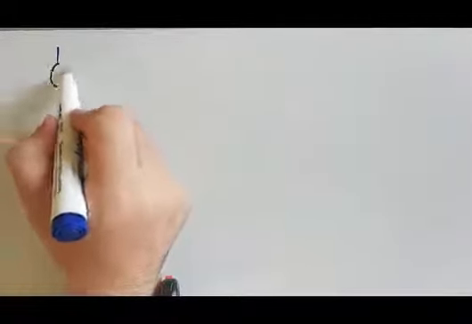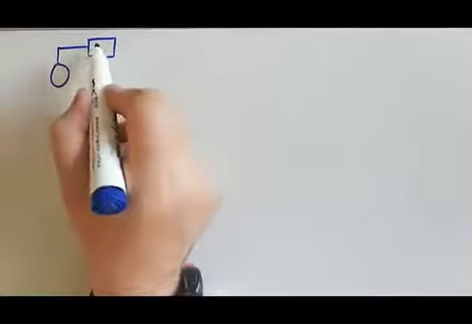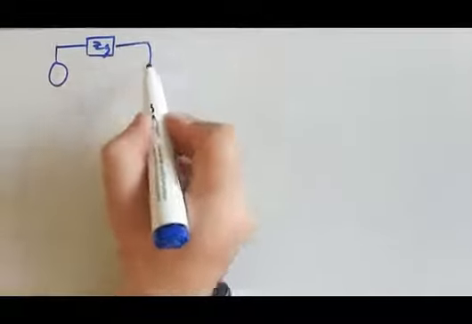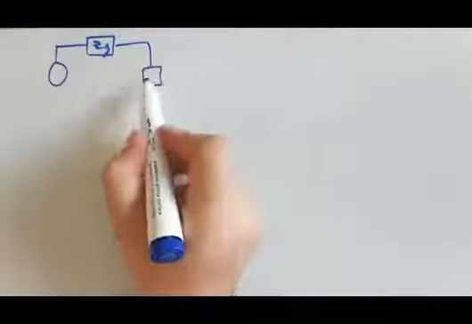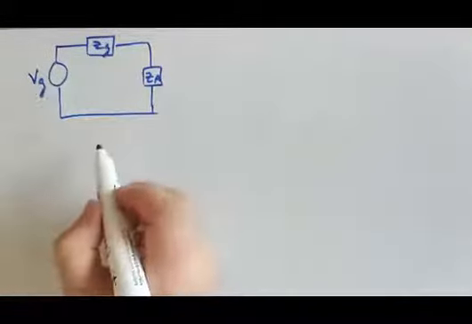If you look at this circuit again, we have Zg, and then we had only ZA, and the generator has the voltage of Vg.